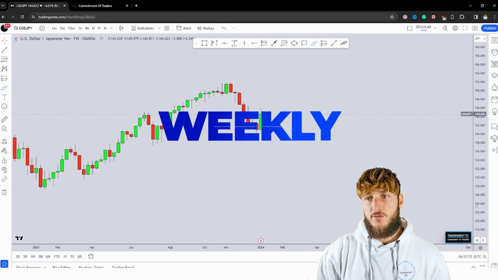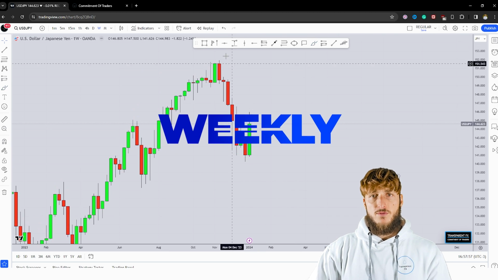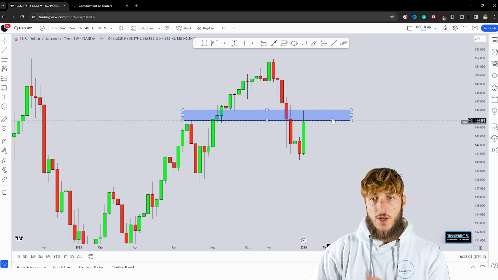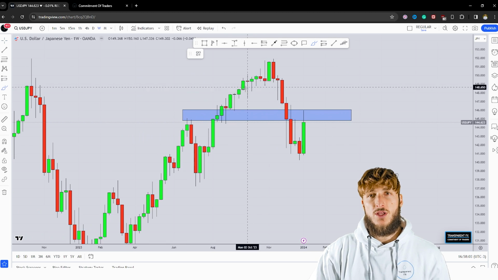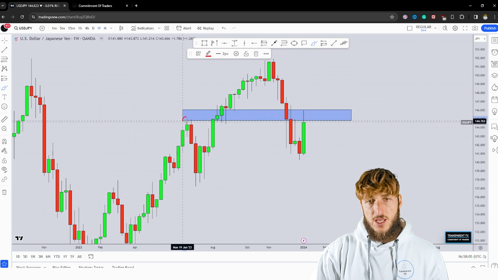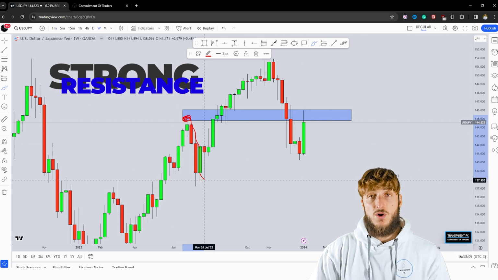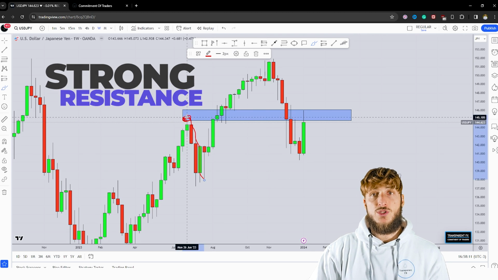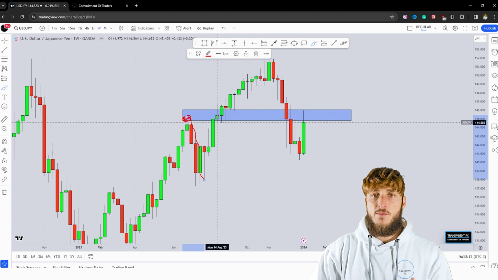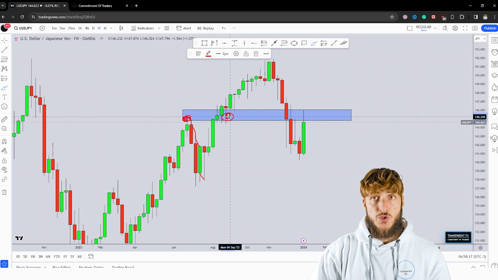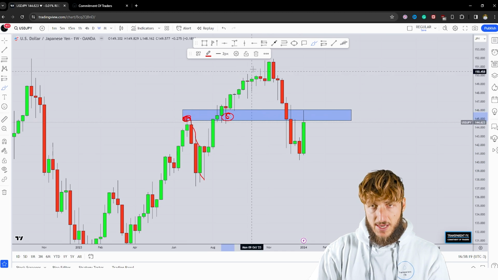Dropping down on the weekly time frame, what do we see? Well, from a weekly perspective, if we identify this area and we put this blue box on it, we can easily see how this area is exactly the zone from which all this rejection to the downside was created. So this area here was acting as resistance. The market then broke above the zone, went for a retest of it after it was turned support, and the market respected it as support.